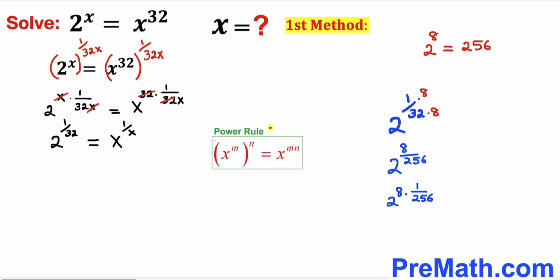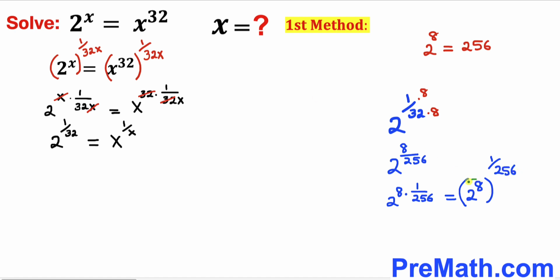And now let's recall the power rule of exponents once again. x power m and then power n equals x power m times n. And we are going to apply that rule over here. So therefore, this could be written as 2 power 8 and then whole power 1 divided by 256.